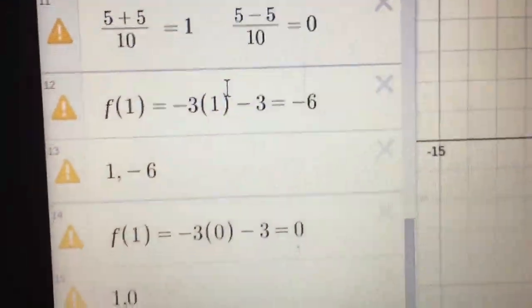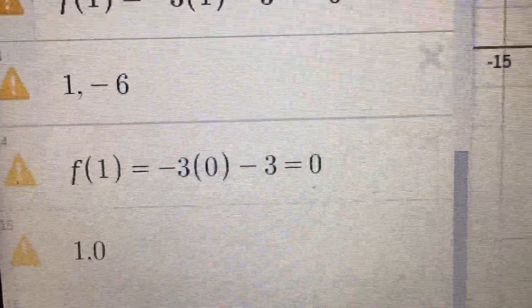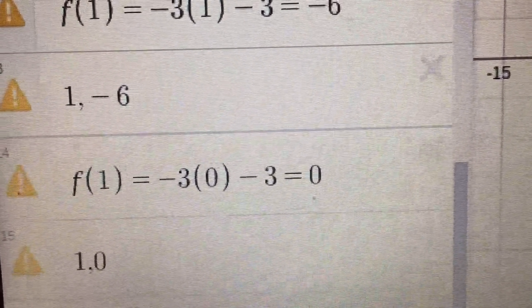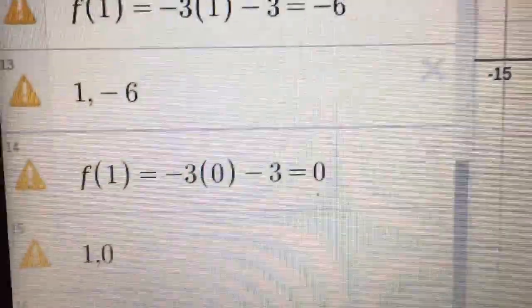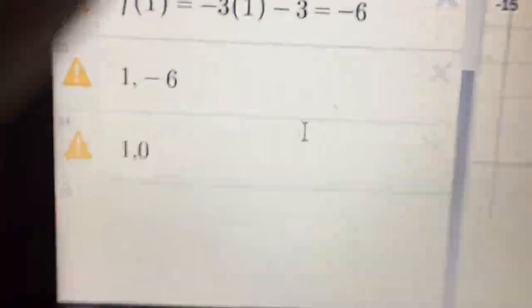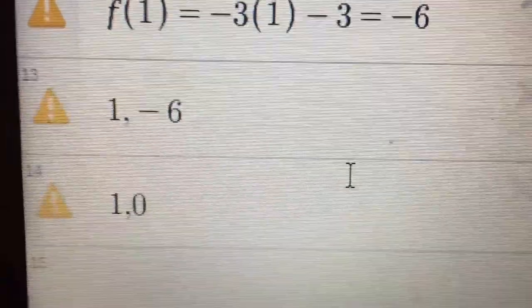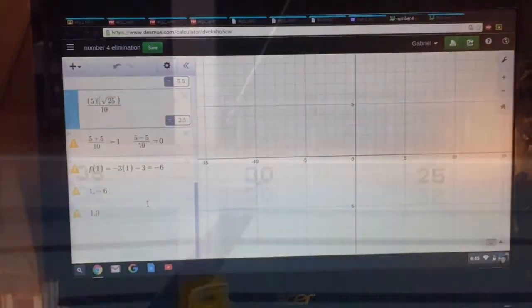Now, when we do it the other way, we're going to get y equals -3 times 0 minus 3, which equals -3. Now, just to show you, these would be your two answers. This would be the answer to number 4 on our practice test. Okay? Thank you, Mr. Suhu, and on to number 5.